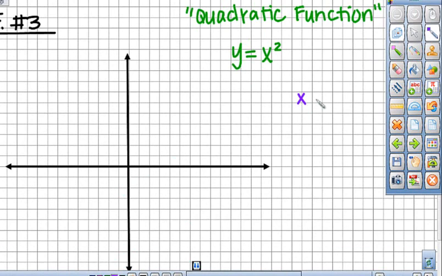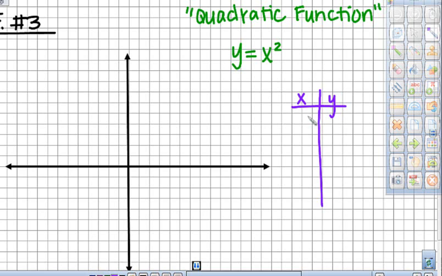Most people may not have to write it out, but you're picturing this chart in your head. You're asking, okay, if I square this value, what do I get? So let's just start with -2 and go to +2, to give us a few values on the negatives, at 0, and then the positives.